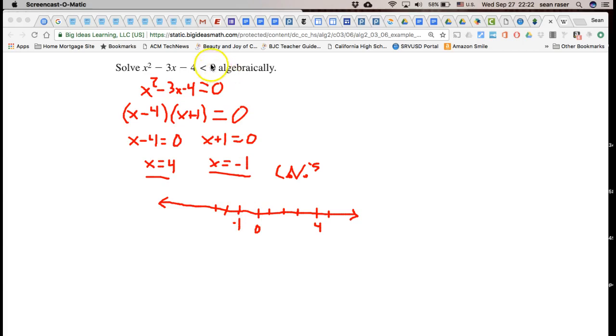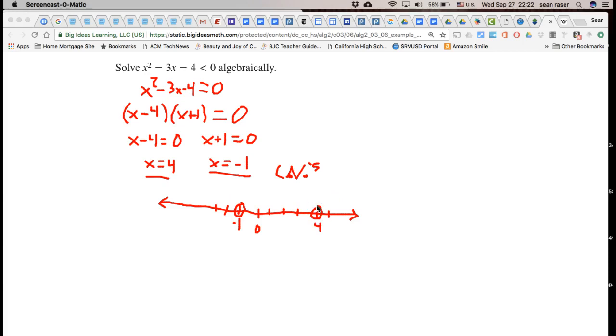Now we need to look at our original inequality sign: less than, greater than, less than or equal to, greater than or equal to. Since this is just a less than and there's not an equal to, we're going to put an open circle on our critical values.